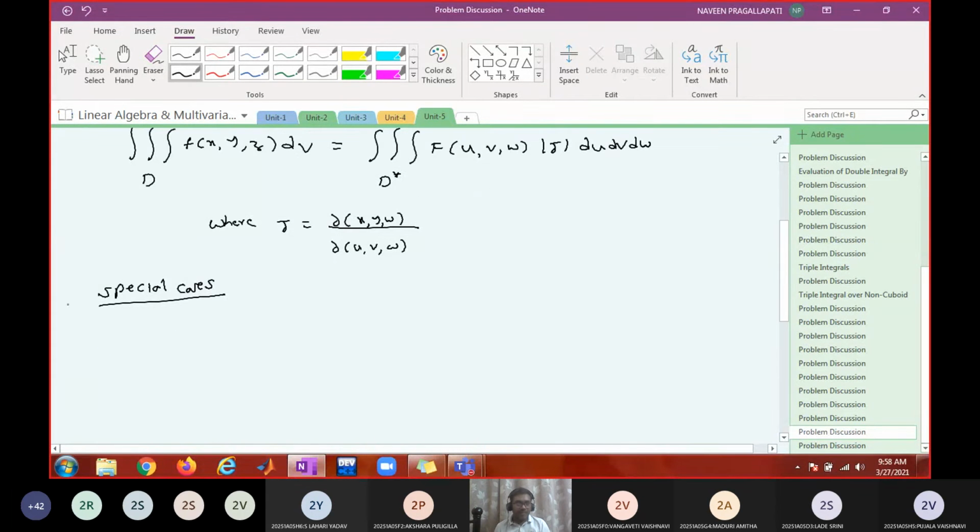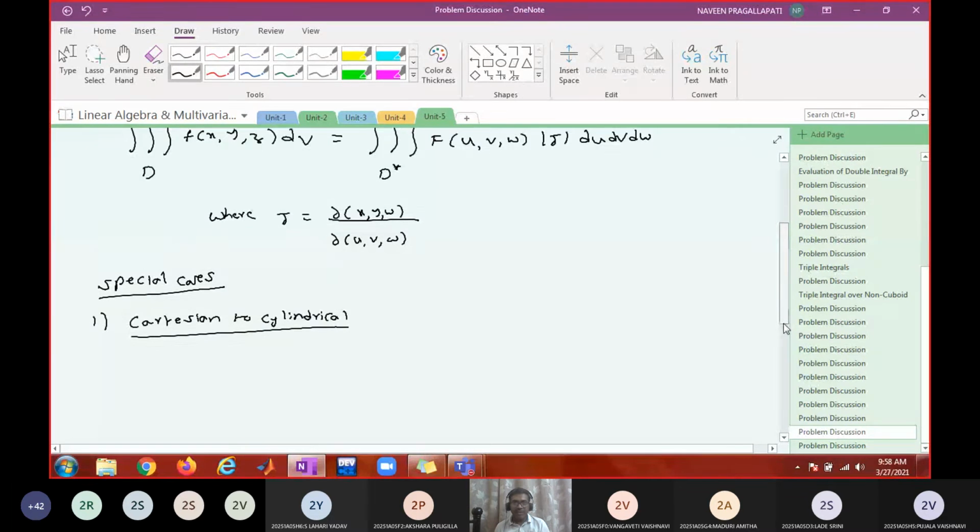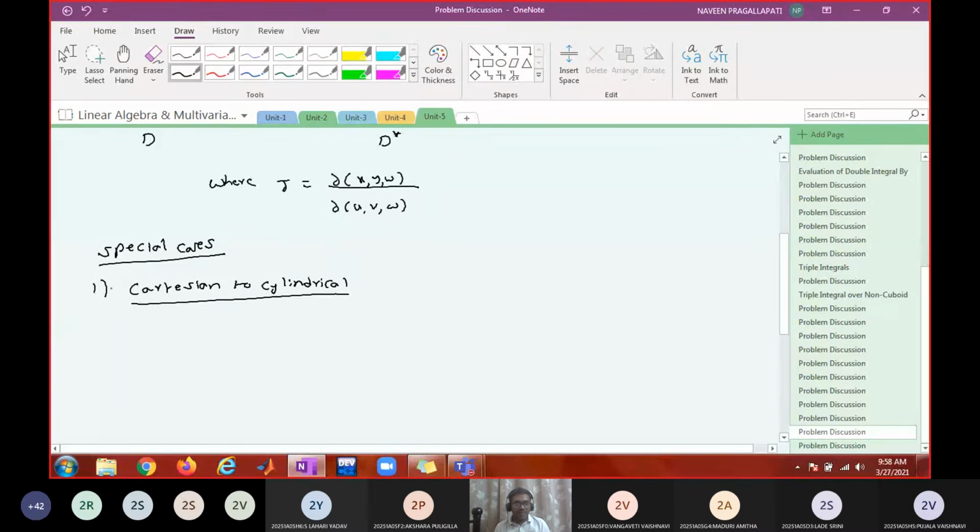First one, Cartesian to cylindrical. What is the substitution for Cartesian to cylindrical? x equals r cos theta, y equals r sin theta, z equals z.